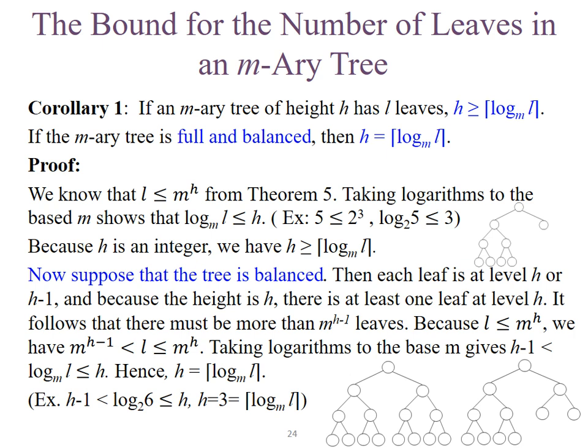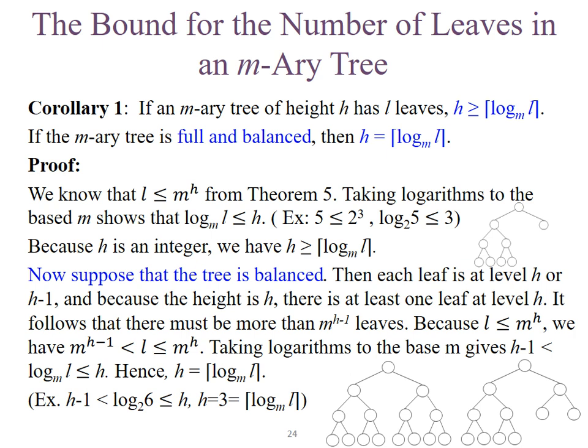So if we consider the tree of height h, all the leaves can be at level h or h minus 1. So we should have at least one leaf at level h.